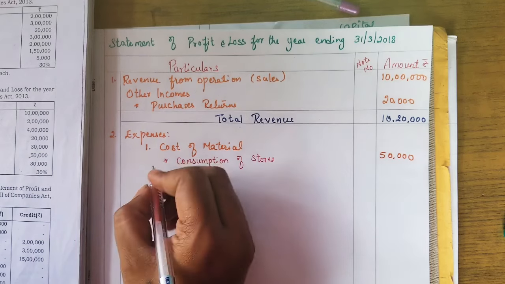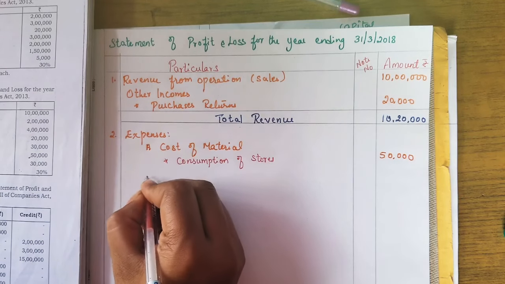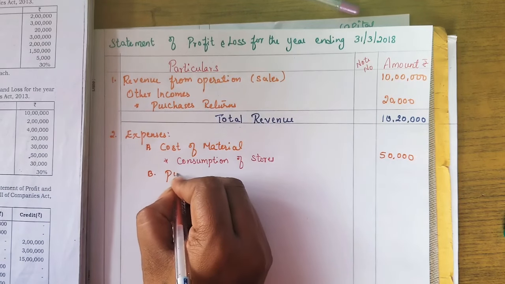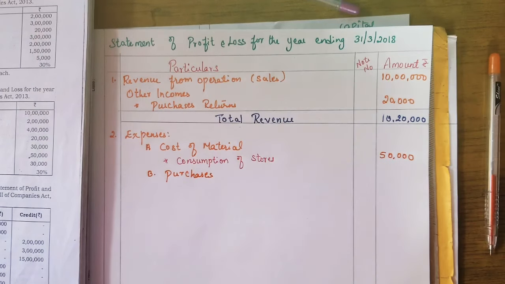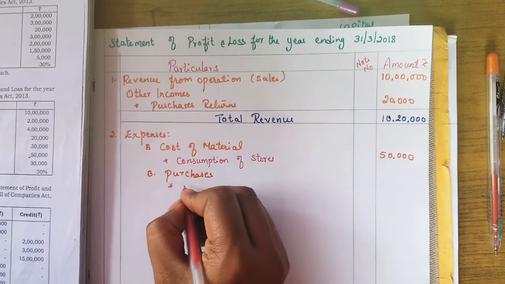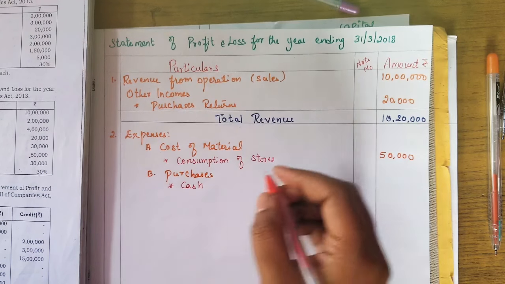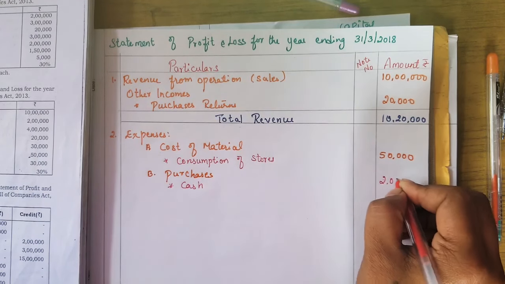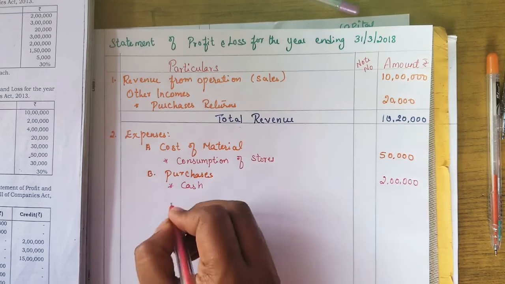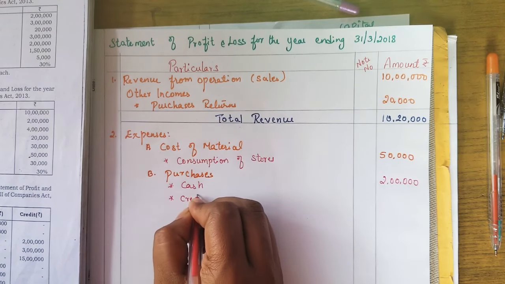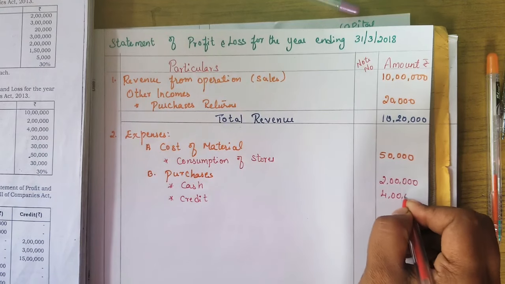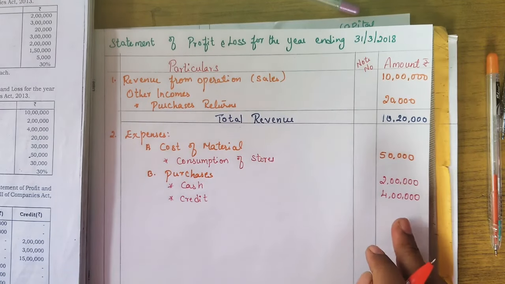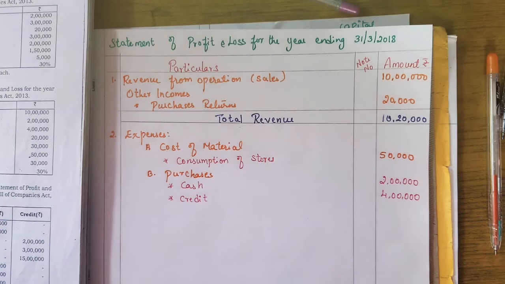Okay. Next we have purchases. Under purchases we have credit purchase and cash purchase. So I am writing cash purchase is 2 lakhs. And we have a credit purchase of 4 lakhs. Both we should consider, cash purchase and credit purchase.